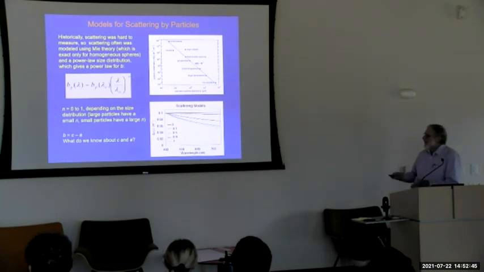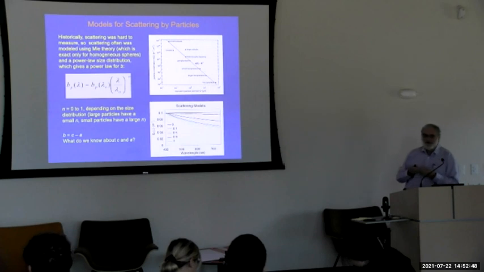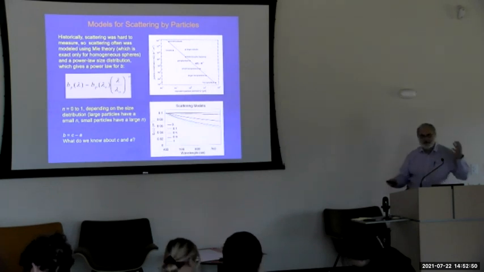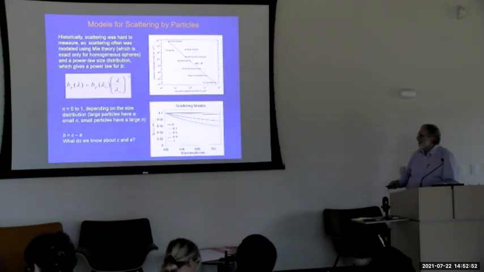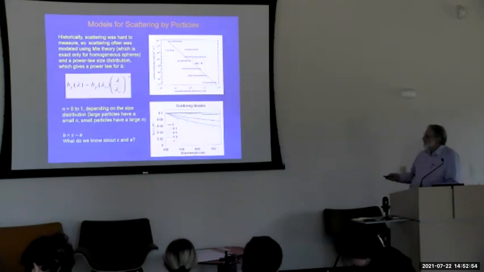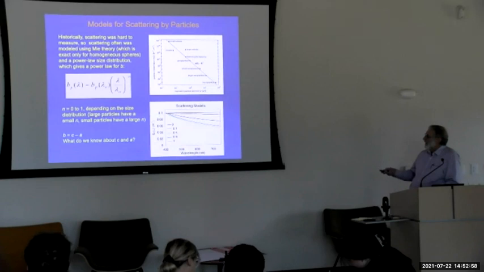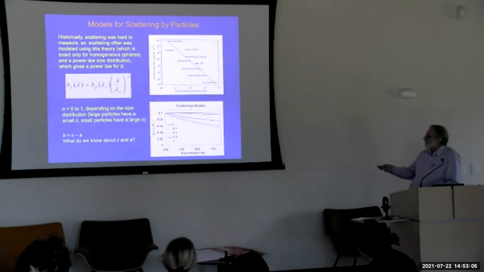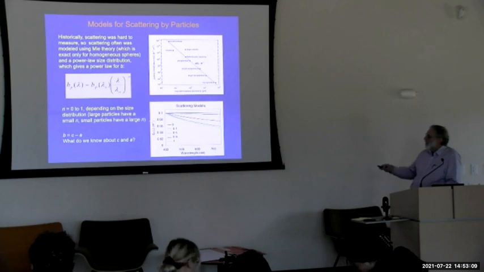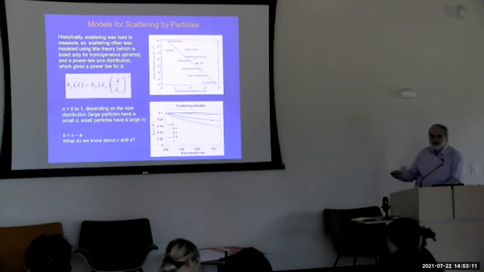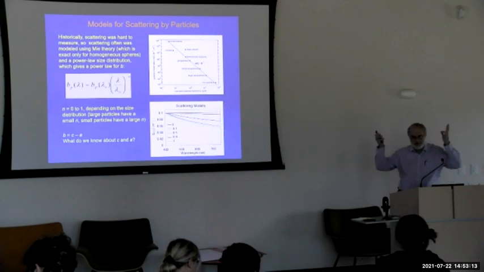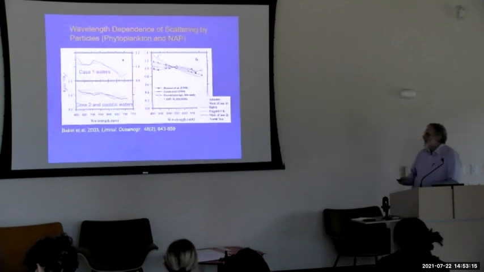And n is typically taken anywhere from 0 to 1, just to cover the broad range. So here's the wavelength dependence of the scattering coefficient for different values of n from 0 up to 1. People will use this kind of model just because they don't have any data. They just pull it out of the air and say, let's try this.